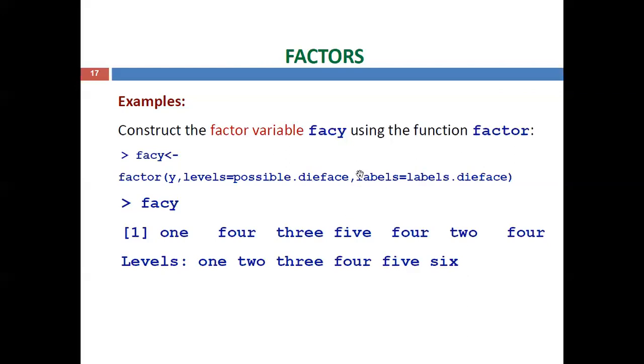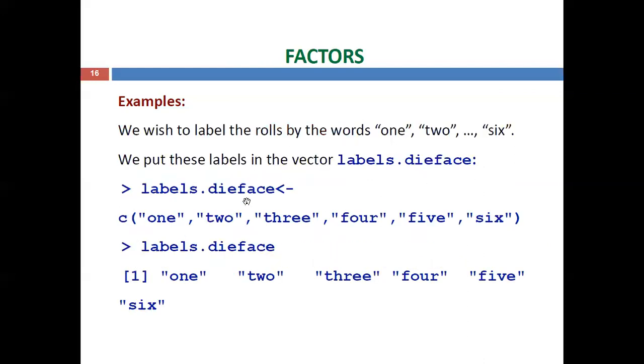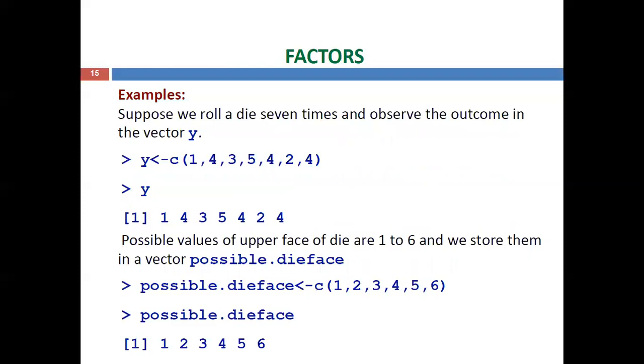Here the command is labels equal to labels.dieface. Now first take the y values, and see how it will be demonstrated. Here y equal to 1, 4, 3, 5, 4, 2, 4. So this is the y vector: 1, 4, 3, 5, 4, 2, 4.